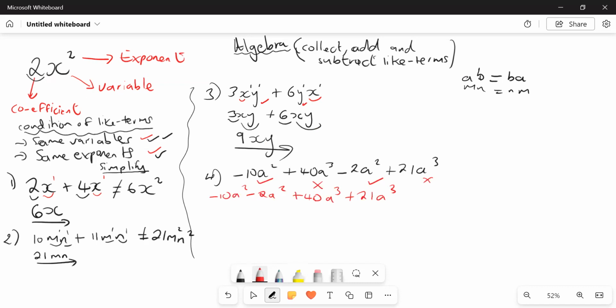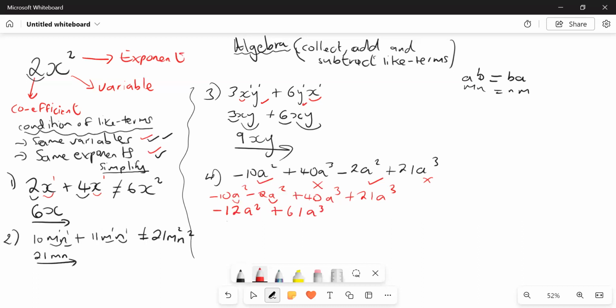Remember what I said in the previous video? I said if you have same signs, you add and then you write the common sign at the end. So we have 10 plus 2, which gives us 12. And then you keep that sign, which is negative, right? Which variable are we dealing with? We're dealing with a squared, so you need to write a squared at the end, right? Plus 40 plus 21, we get 61a cubed, that's our common variable, right?